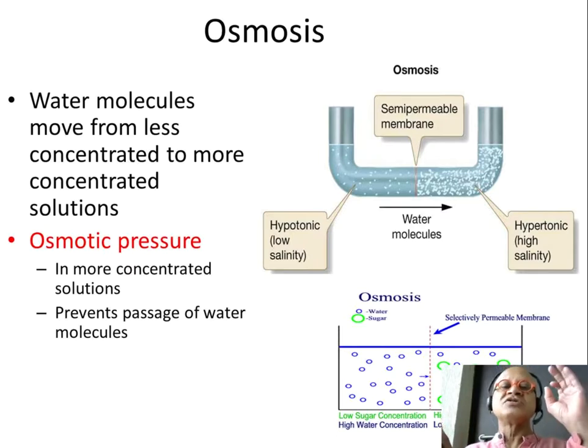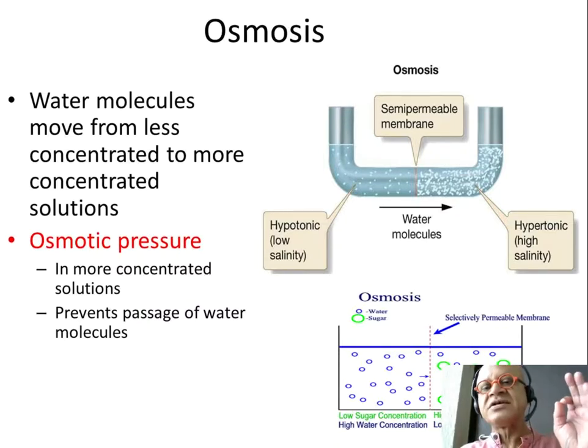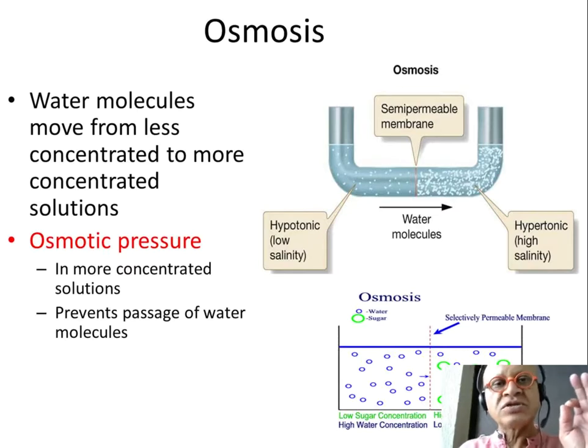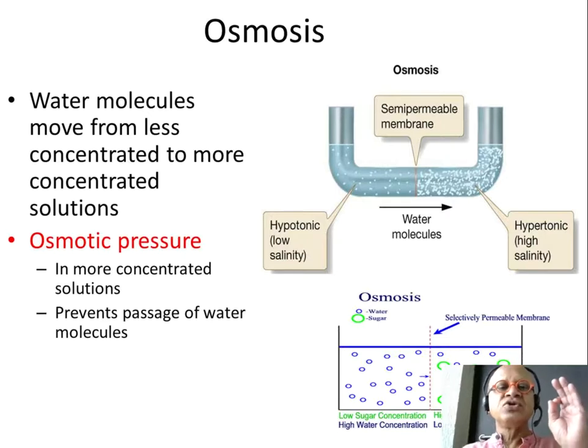Why? Because there is more water on the side which has low dissolved material than the other side. So hypotonic solution has more water molecules, fewer salt molecules than hypertonic solution. So water molecules move from less concentrated to more concentrated solution.